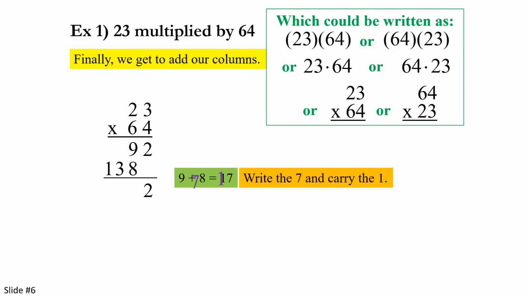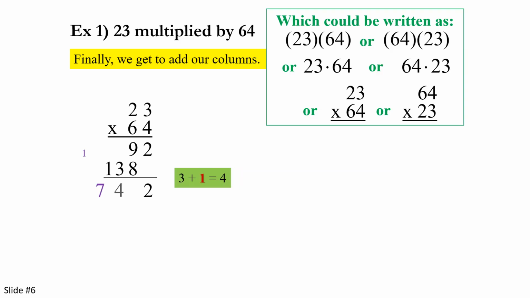So we're going to write the 7 down and carry the 1. And then 3 plus the 1, the carry, gives us the 4. And then the 1 comes down. So our answer is 1,472. So 23 times 64 is 1,472.